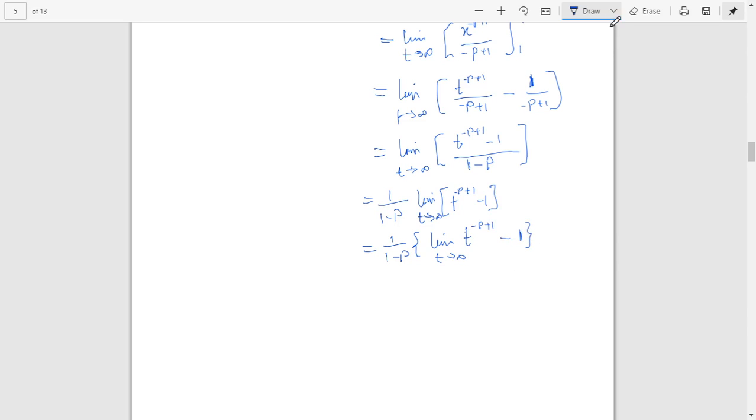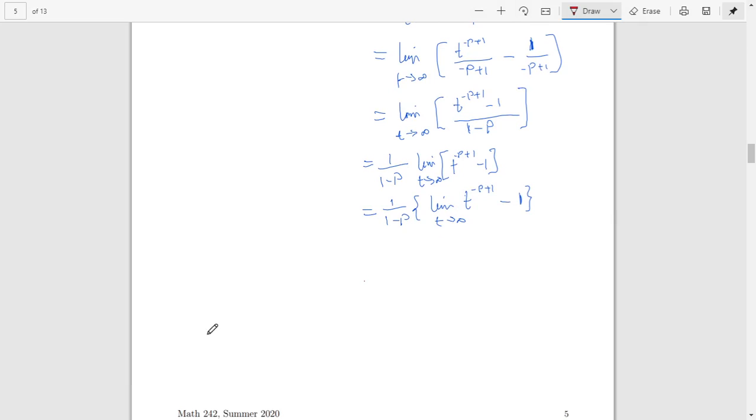So let's discuss a little bit what that limit will be. Now, if p is 1, well, we say our p is not 1, so it can never be 1. If p is a number bigger than 1, maybe 3, 4, 5, you will see that the exponent here is going to be less than 0. If p is bigger than 1, then minus p plus 1 is less than 0.